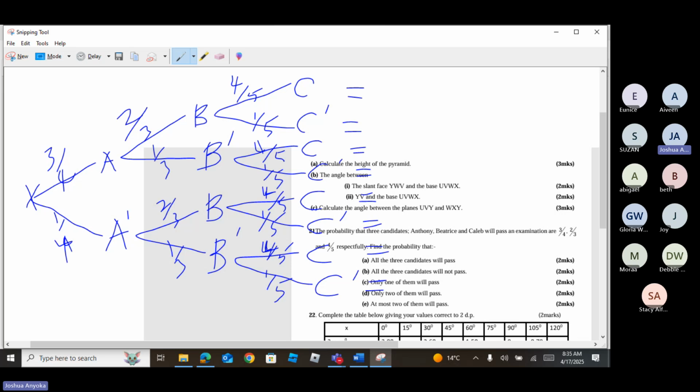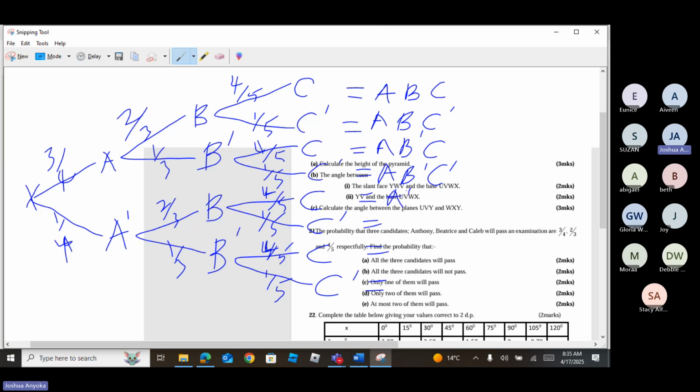What is the possible outcome? It means all of them will pass: A, B, C. Anthony passing, Beatrice passing, Caleb failing. Anthony passing, Beatrice failing, Caleb passing. Anthony passing, Beatrice failing, Caleb failing.